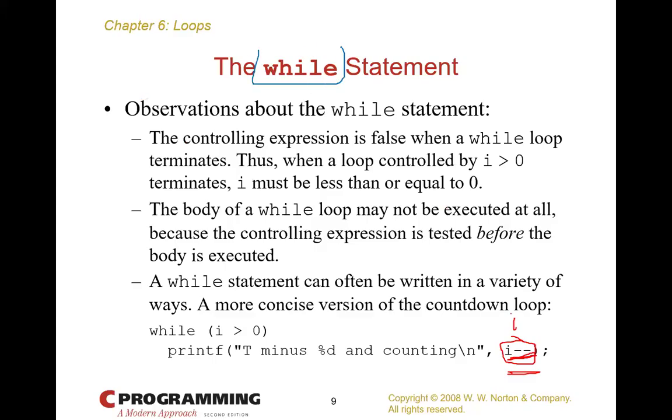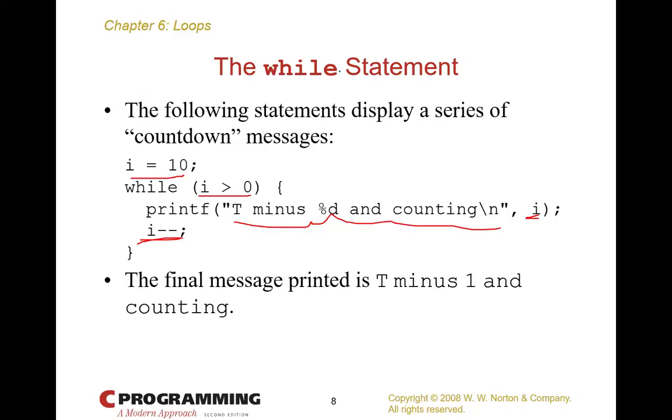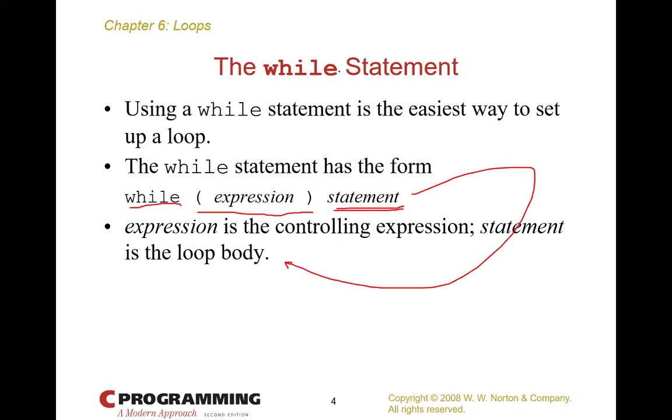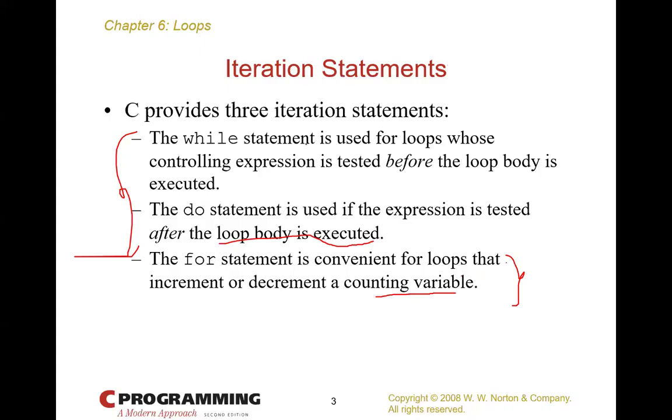The last one is while. So we have discussed two now out of, we said we have three. We said we have the while, the do, and the for loop. Generally, we call this the do while, not just do, because after we have the do, we have a block of code which is ended with a while.